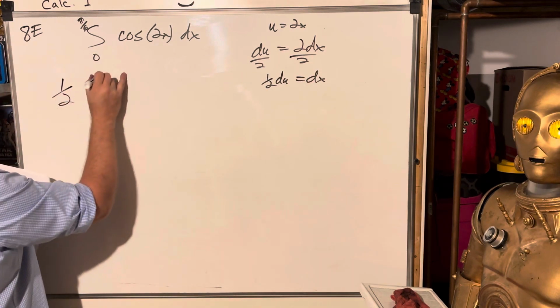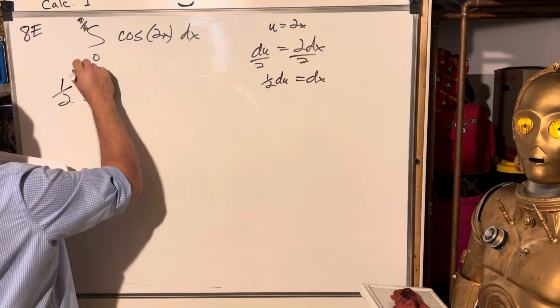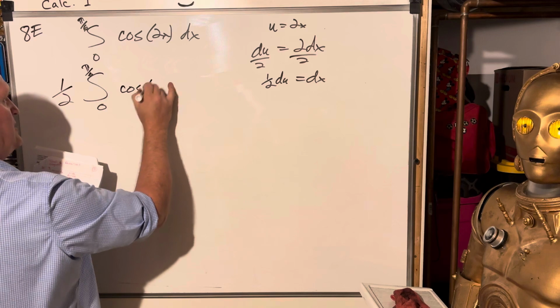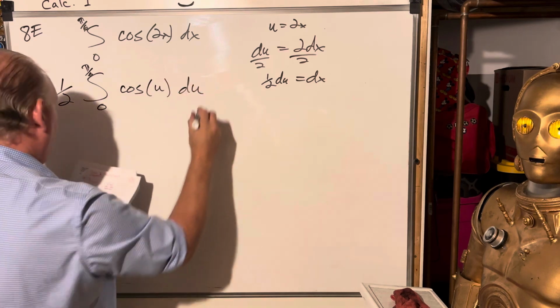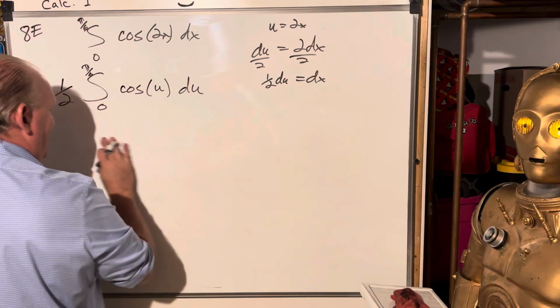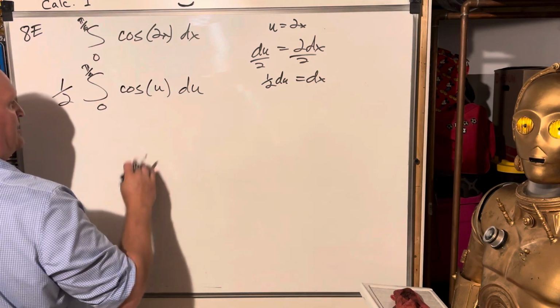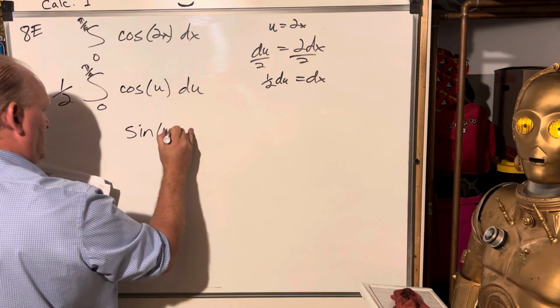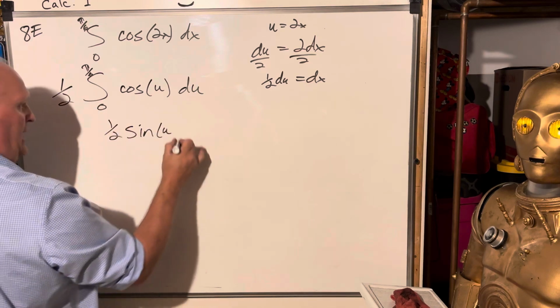So we got 1/2, and the definite integral from 0 to pi over 6 of the cosine of u du. And then remember, it's the antiderivative. So I take the derivative of sine to get cosine. Sine u. Got 1/2.